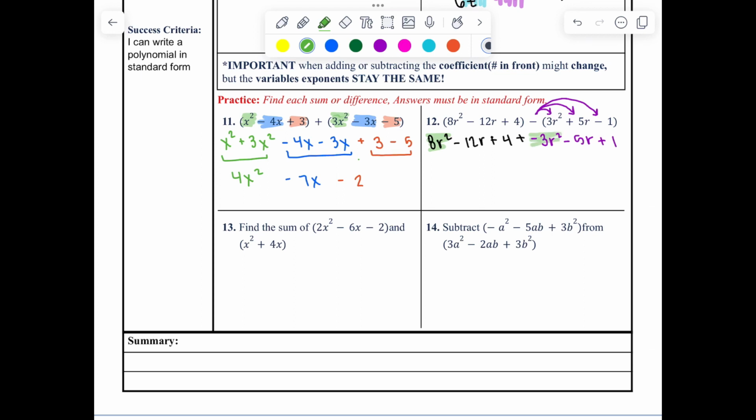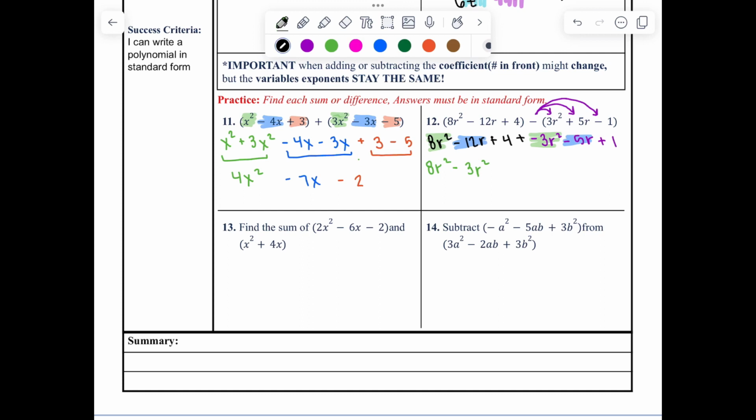All right, next, I need to combine some like terms. So I've got 8r squared and -3r squared, and those are my two like terms for the r squared. The next thing that I'm looking at is I have a -12r and a -5r.